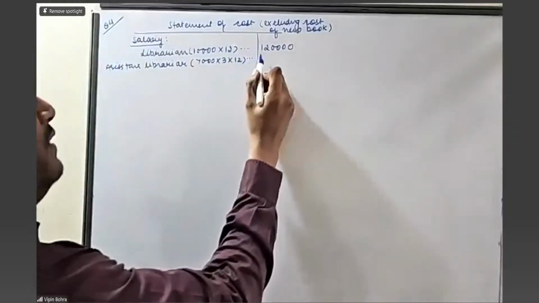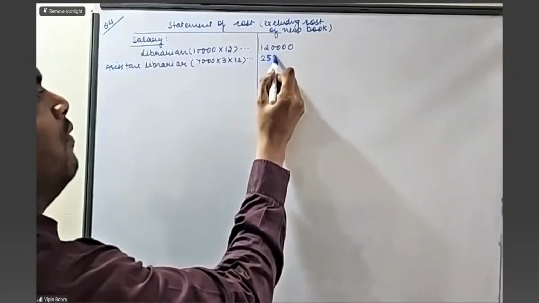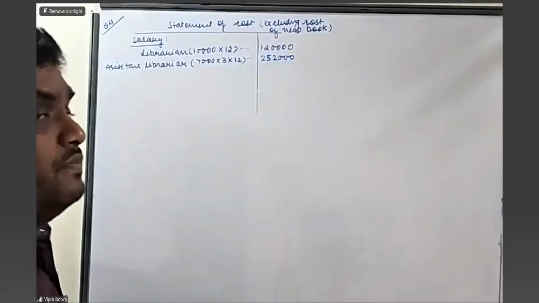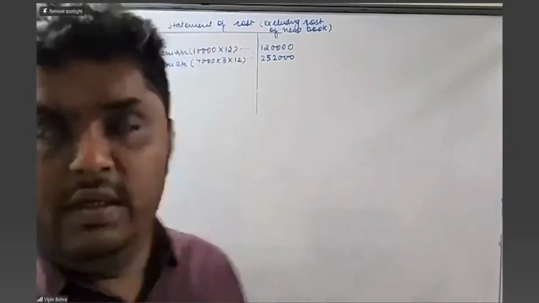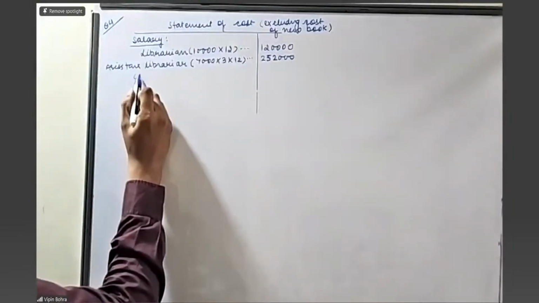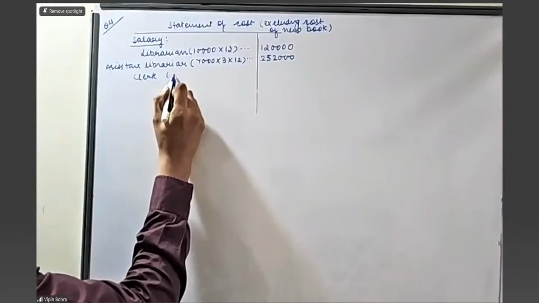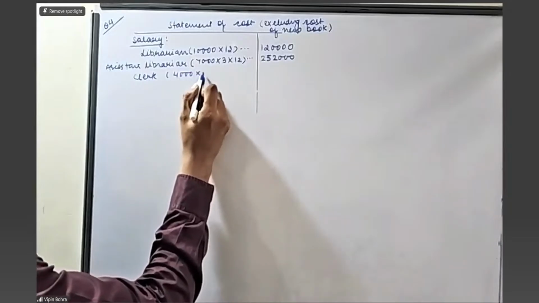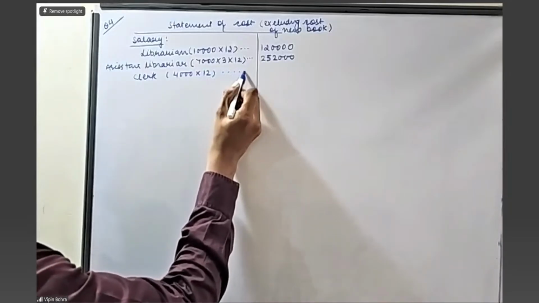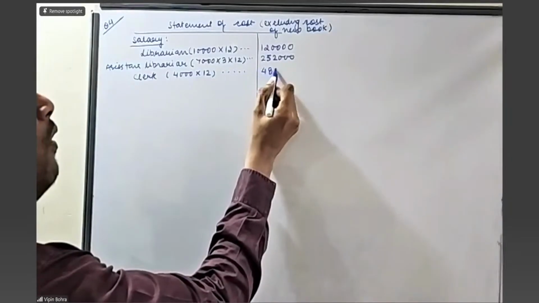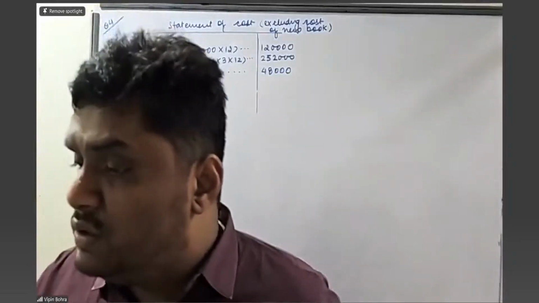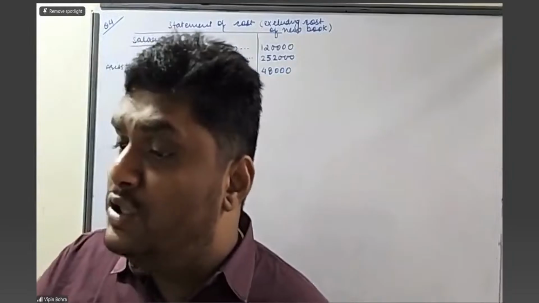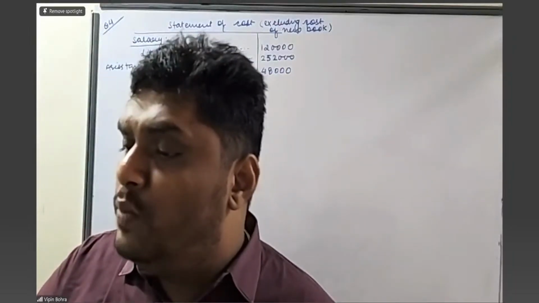It is 2,52,000. Clerk, it is 4,000, so 48,000. Apart from this, there are additional costs also. So let's check. So the cost of maintenance per old book per year.